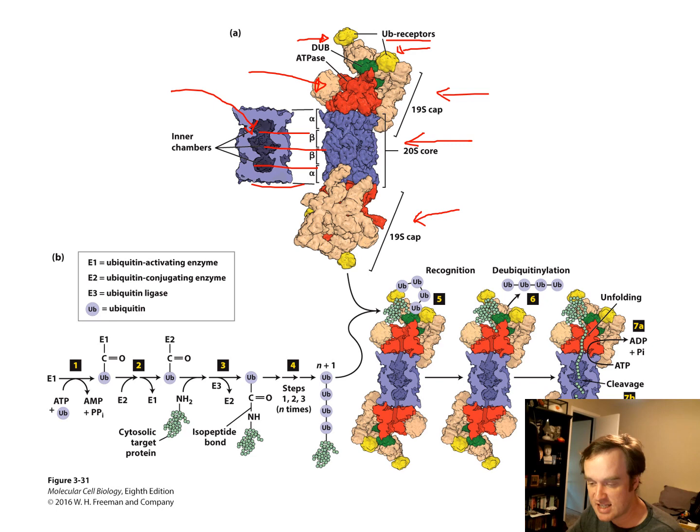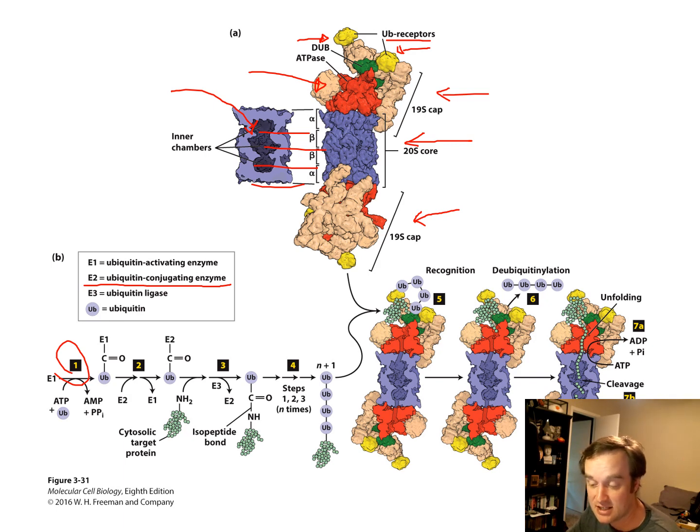So let's look at the steps here. In step 1 down at the bottom here, we have an enzyme E1, which is activated by attachment of a ubiquitin molecule. E1 then transfers the ubiquitin molecule to a cysteine residue on E2, which is the ubiquitin conjugating enzyme.